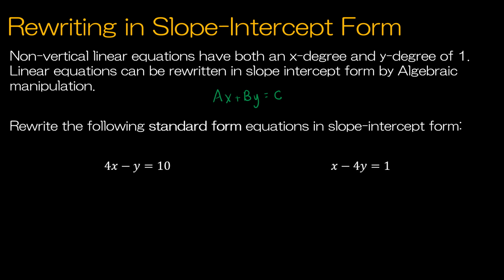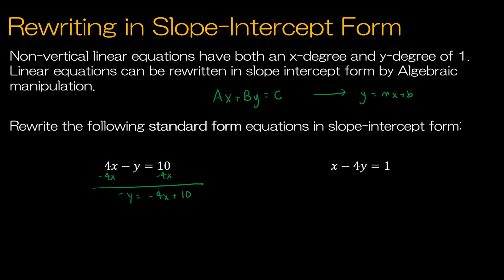And in order to write this in slope-intercept form, I'm going to start by moving the x value to the opposite side. So on my first example, I'll subtract 4x from each side, and that leaves me with -y is equal to, and I could write 10 minus 4x, but because I want to write it into slope-intercept form, which is y equals mx plus b, I'm going to write it as -y is equal to -4x plus 10, because again that 10 is positive.